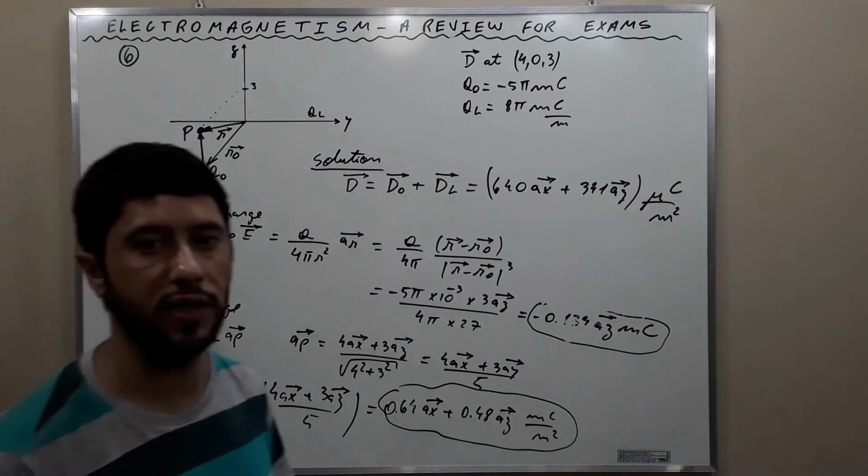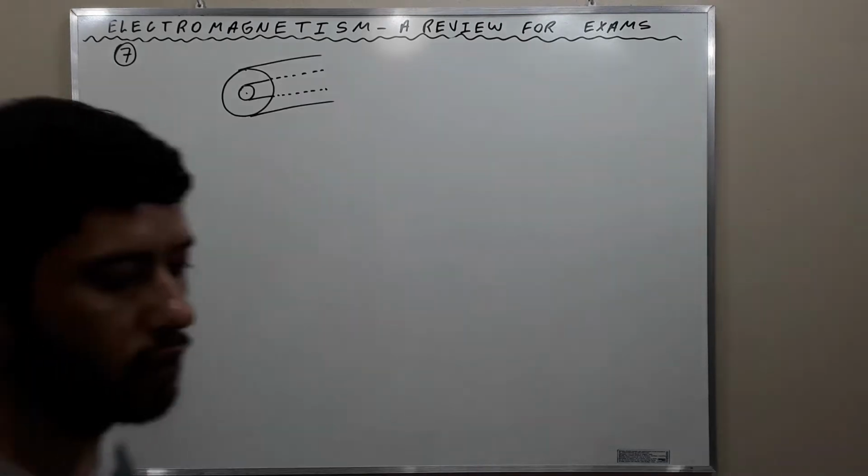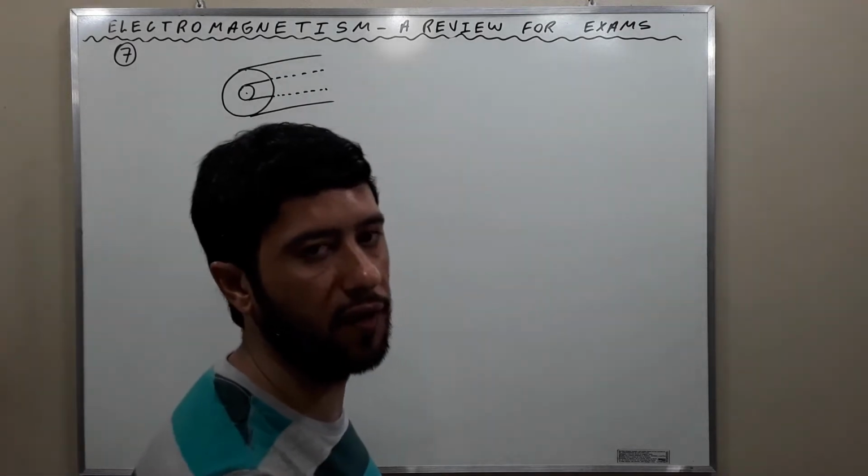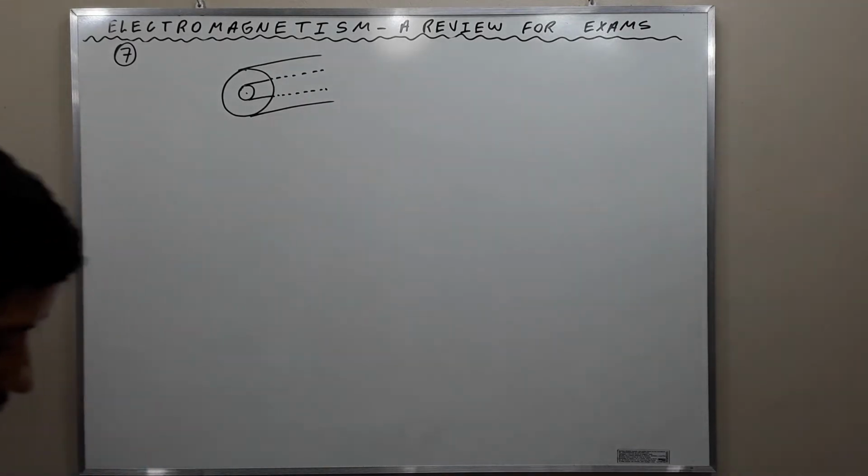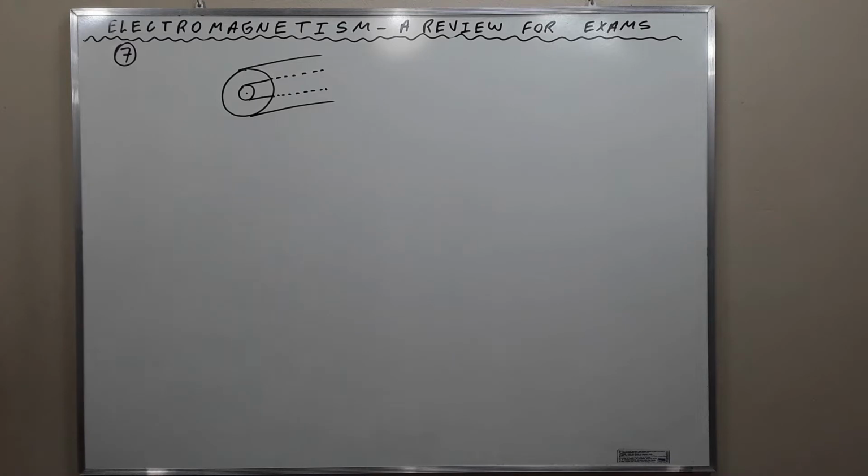Let's go to exercise 7 now. Exercise 7: calculate the charge density, the electric field, and the flux density for a 50 centimeter coaxial cable having an inner radius of 1 millimeter and an outer radius of 4 millimeters.